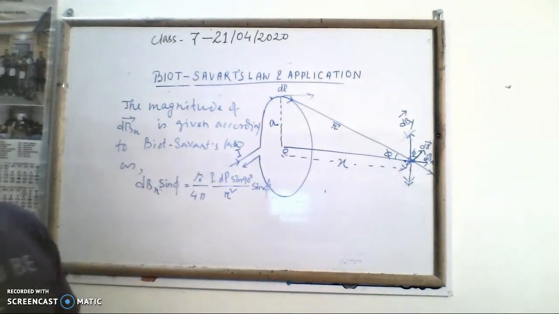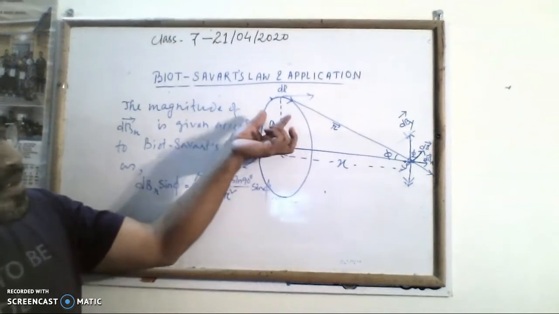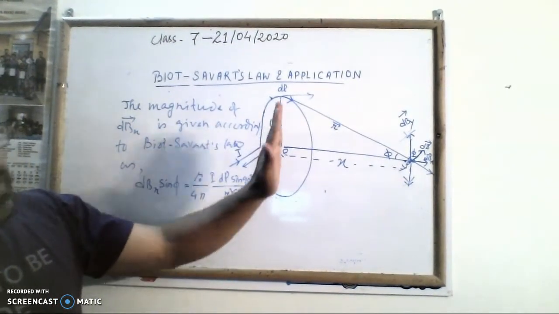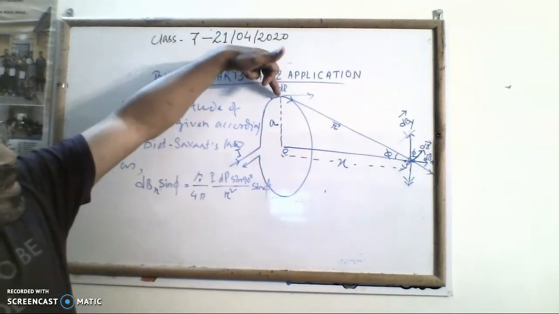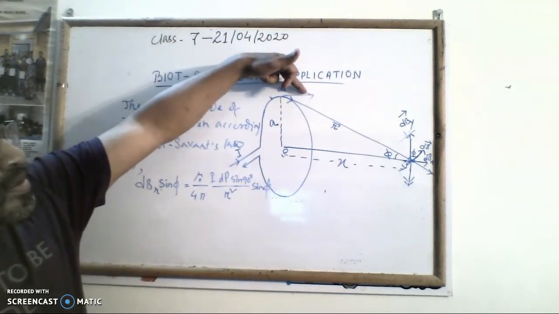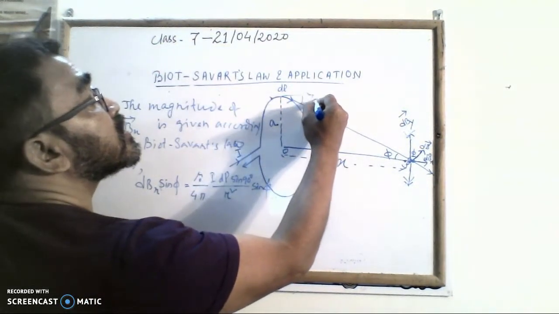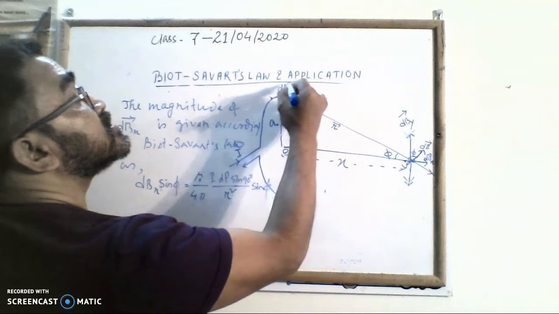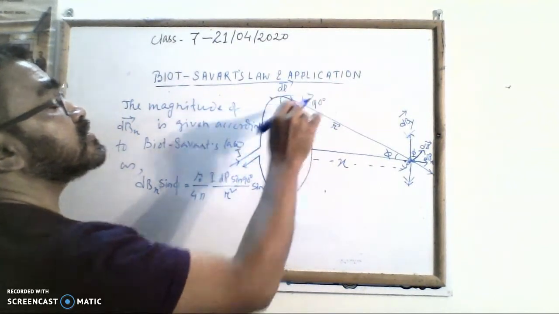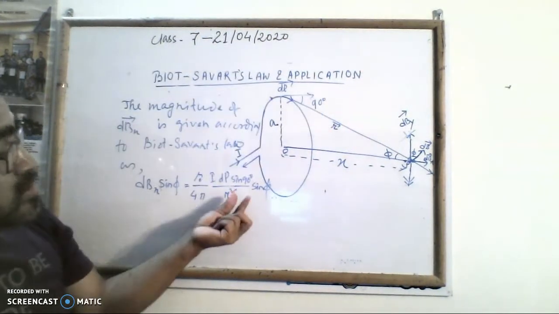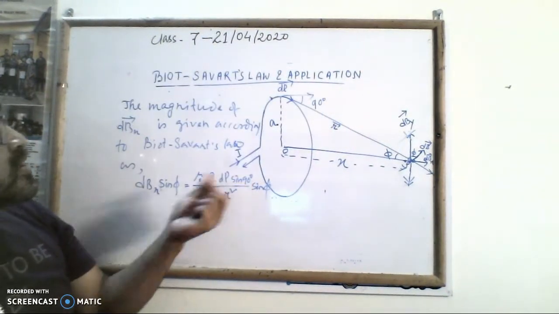If you consider this coil to be perpendicular to the board, then the dl direction will be perpendicular to r. So the angle between the dl vector and the r vector is 90 degrees. That is why we are writing sine 90.